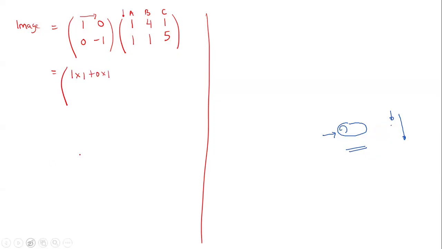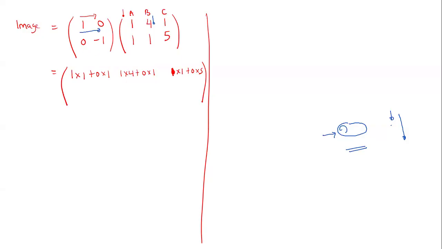Now, some of you, the problem with combining it, you may keep adding everything. Now, I'm going to the second one. Here I leave some space and I write, this is 1 times 4 plus 0 times 1. Then I go to the next one, 1 times 1 plus 0 times 5.